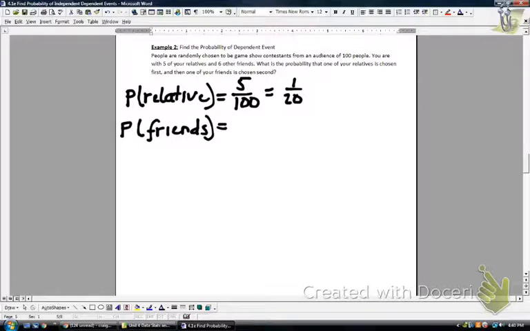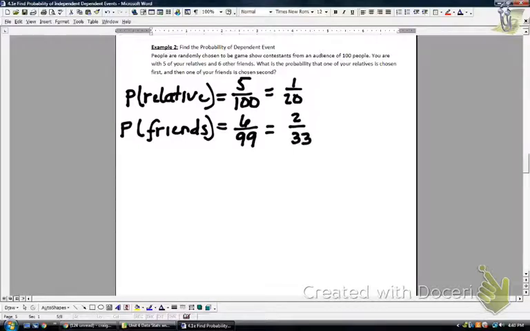So I have 6 friends, but now my possible outcomes, since one person has already been chosen, there's now 99 people to choose from. So kind of think that in your head, how we went from 100 possible outcomes to 99. And then that simplifies to 2 out of 33.